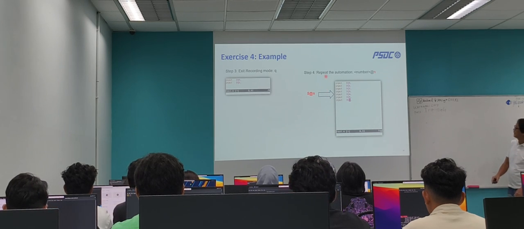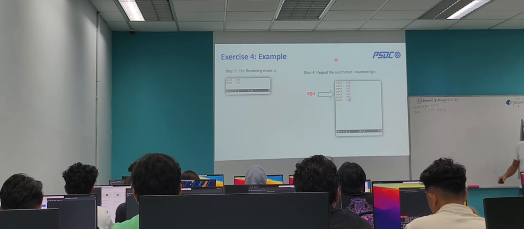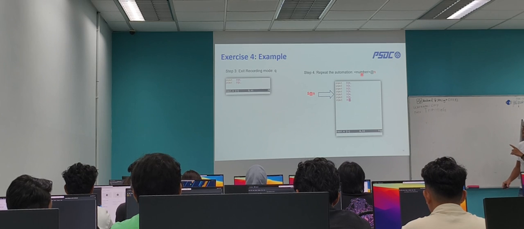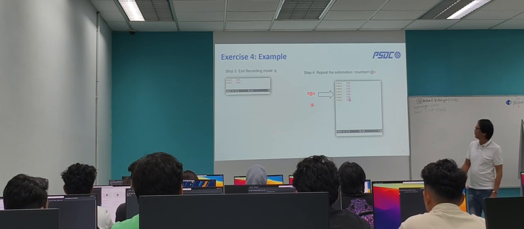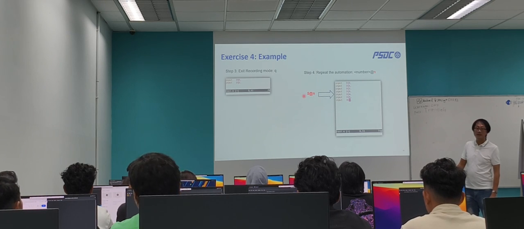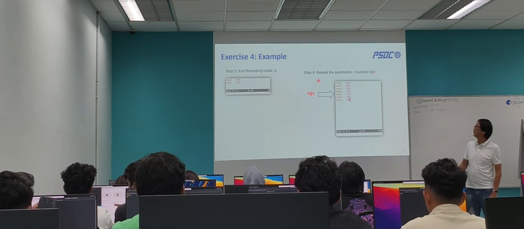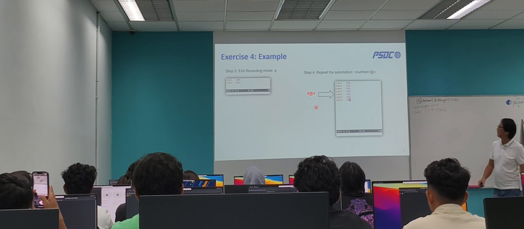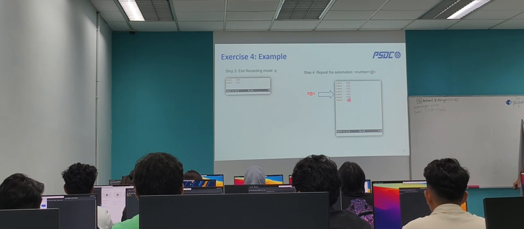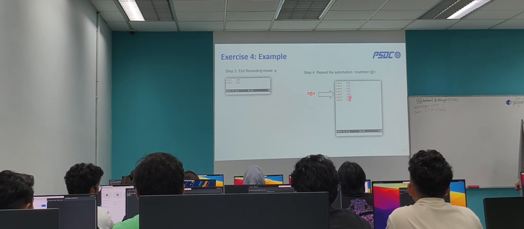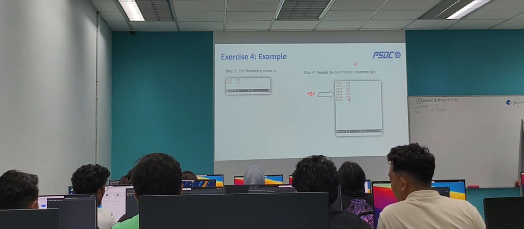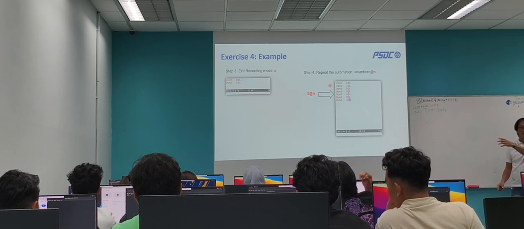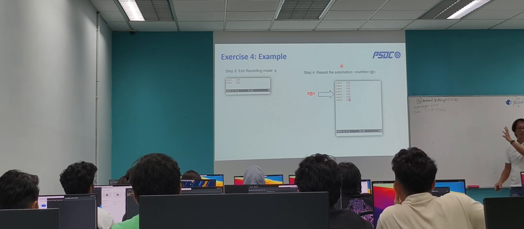Then, once you did this, right, you want to automate the number, right? Instead of you typing like this, you repeat by typing this, and then it will automatically add all the lines there. Let's say you have 1,000, you can increment the 1,000.